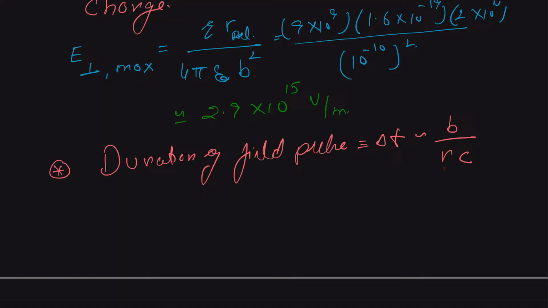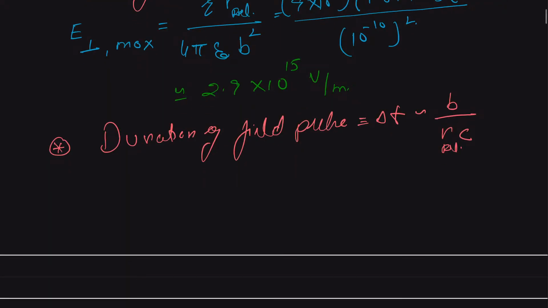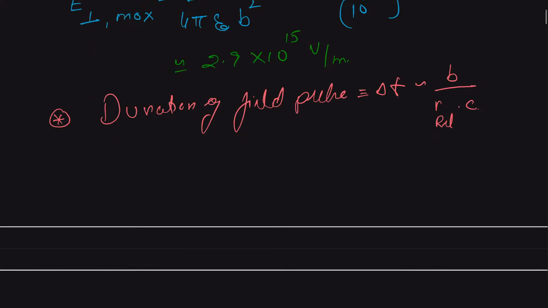Here gamma is nothing but our gamma relative, because the frame of reference is our proton that is at rest. So this becomes 10 to the power minus 10 divided by 2 into 10 to the power 4 times c, and c is 3 into 10 to the power 8, and this approximately comes as 1.7 into 10 to the power minus 23 seconds.